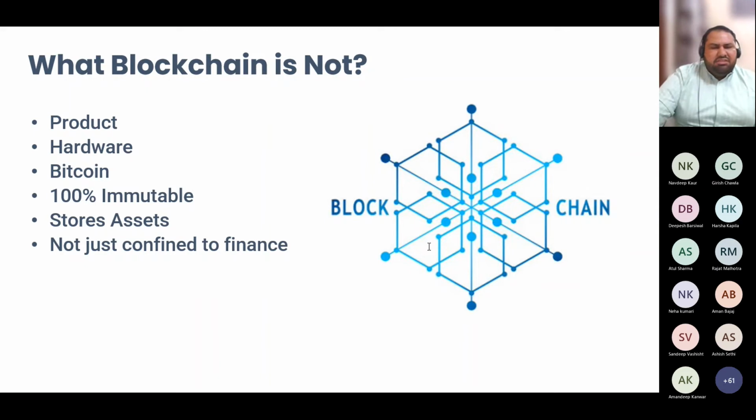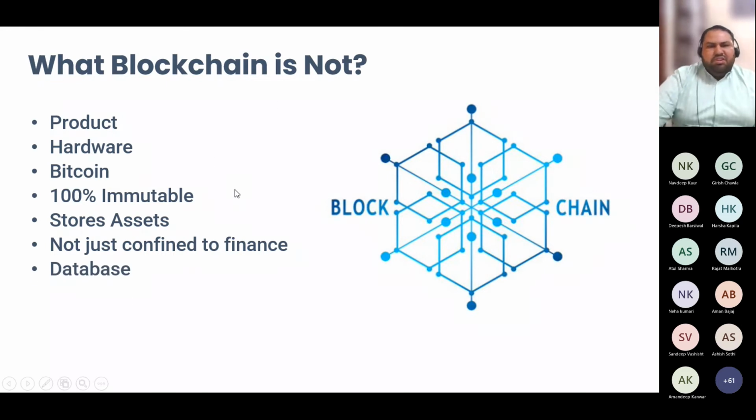As the first use case of blockchain is Bitcoin, people probably think blockchain is only confined to the finance sector. But we can find various use cases of blockchain, like healthcare, social media, as I just mentioned, voting systems, real estate, etc.